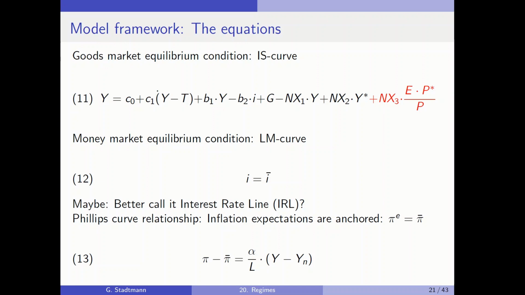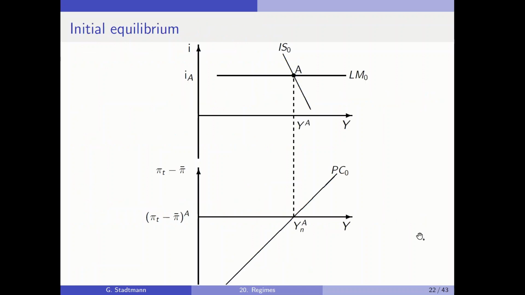When we look at the graphical representation of this model, in the upper part, we have the downward sloping IS curve, also the interest rate line, which is given here. And in the lower part, we have an upward sloping Phillips curve, with the change in the inflation rate on the vertical axis.